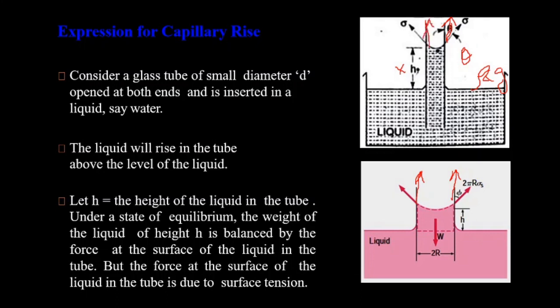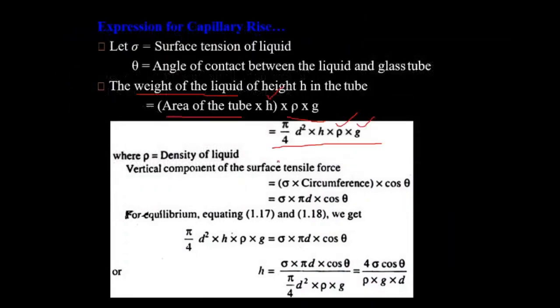So if this angle is theta, then the vertical component will be sigma into cos theta. Your first year engineering, elements of civil engineering, remember? So the vertical component of the surface tension force will be sigma into circumference into cos theta, that is sigma into pi d into cos theta.